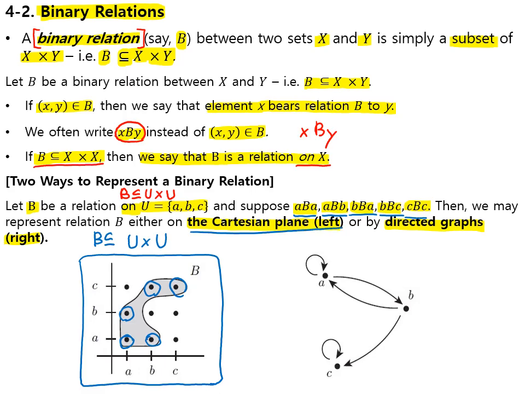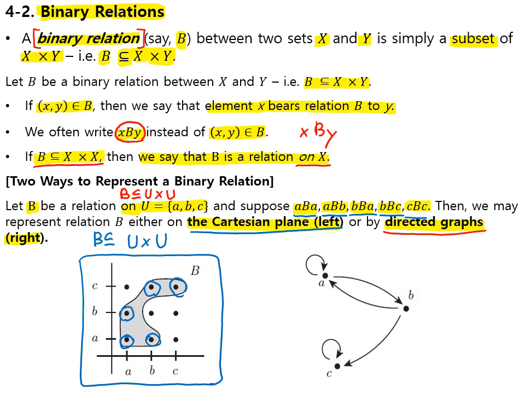But when you represent a binary relation in this way, the intuitive meaning that a certain element is related to another element by the binary relation is a little bit difficult to grasp intuitively. So instead, we will also use a different representation of binary relations: directed graphs.